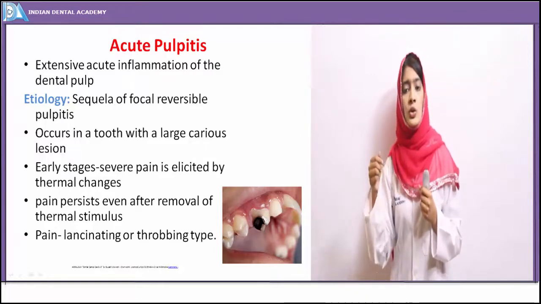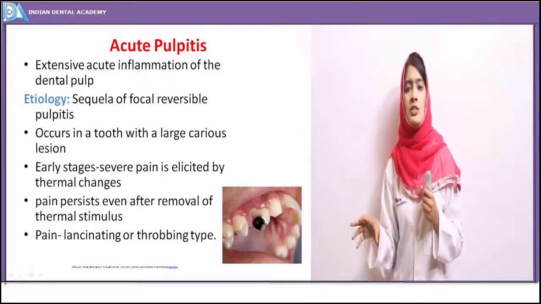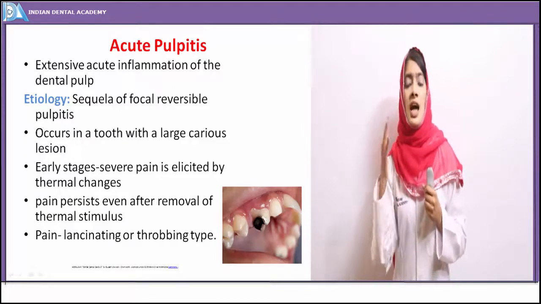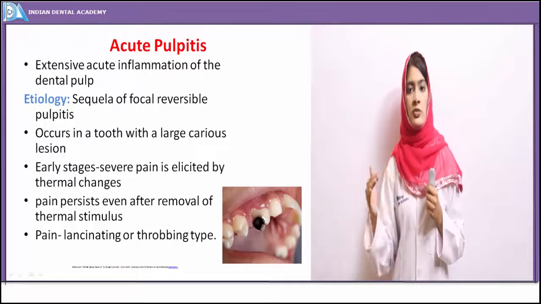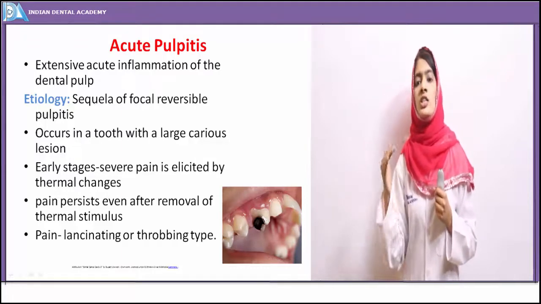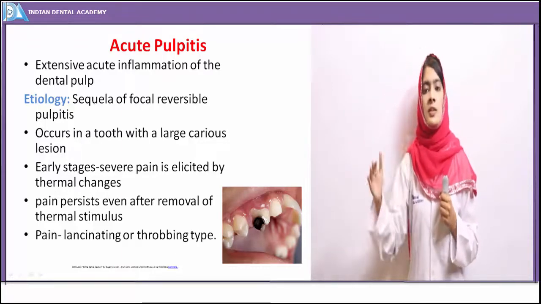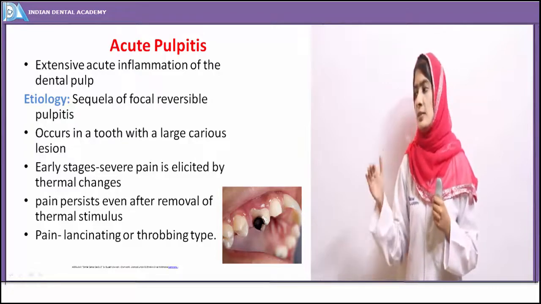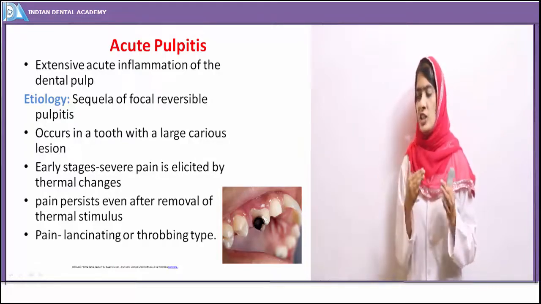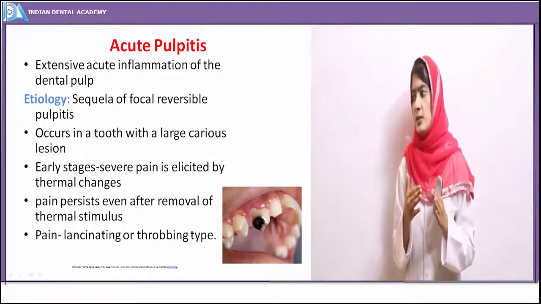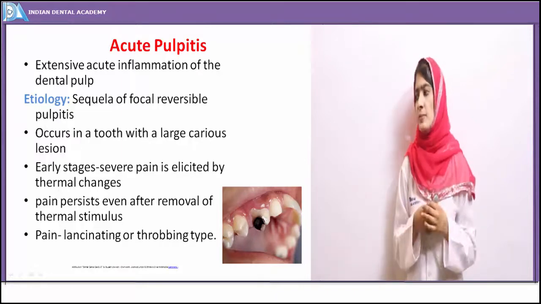Even when the thermal stimulus is removed, the pain persists and is lingering in nature. The pain is of a longer duration; even after removal of the stimulus, it may persist for about 10 to 15 minutes. Initially, the pain is stimulated by thermal changes, and even after removal of the stimulus, the pain persists.